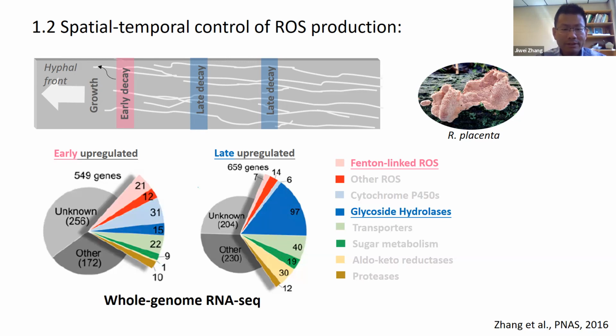Then we proposed a model to explain this ROS production as a two-step mechanism. The first step is that the fungi turn on the gene expression related to the ROS production and then turn it off. Then after the ROS depolymerize the overall structure, the fungi turn on the expression of glycoside hydrolases and then eat the sugars.